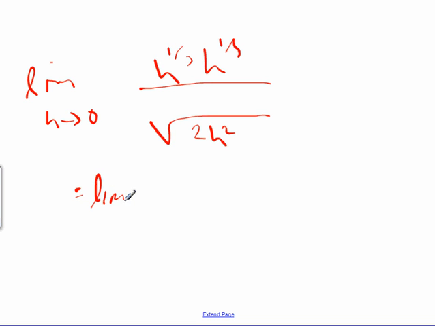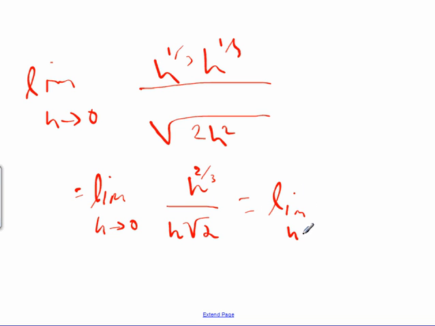So if we simplify this a little bit further, this equals the limit as h approaches 0 of h to the 2/3, simplifying the numerator, over h root 2, so pulling that h squared out, and further simplifying it, we get h to the 1/3 over root 2.